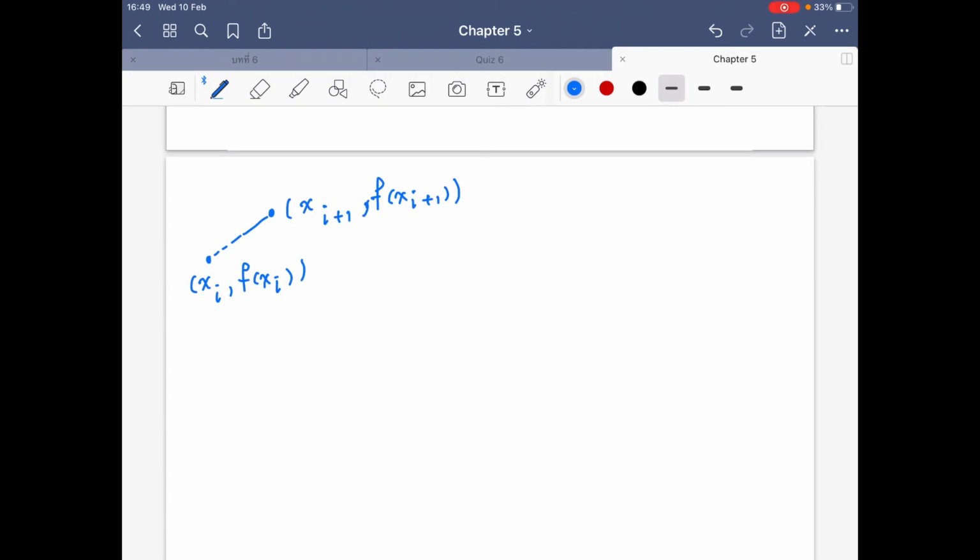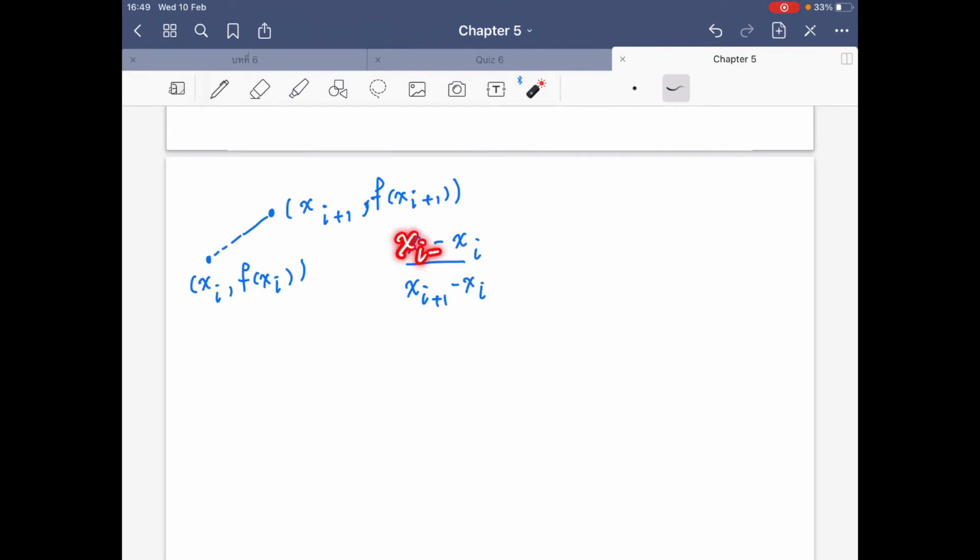The other way is that we talk about a function like this: (x minus x sub i) over (x sub i plus 1 minus x sub i). What is the special character of this function? If you plug in xi, it is 0, right?